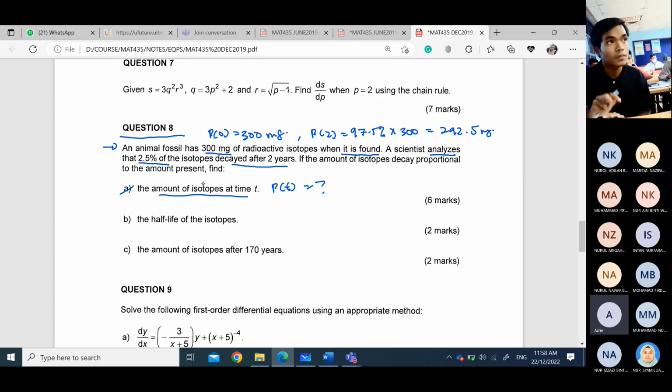Alright, so next you can cari P of t. So based on this one, dia mereput. Jadi kita gunakan apa? The model here is negative kP. Okay, we use this model because it is about a radioactive decay.